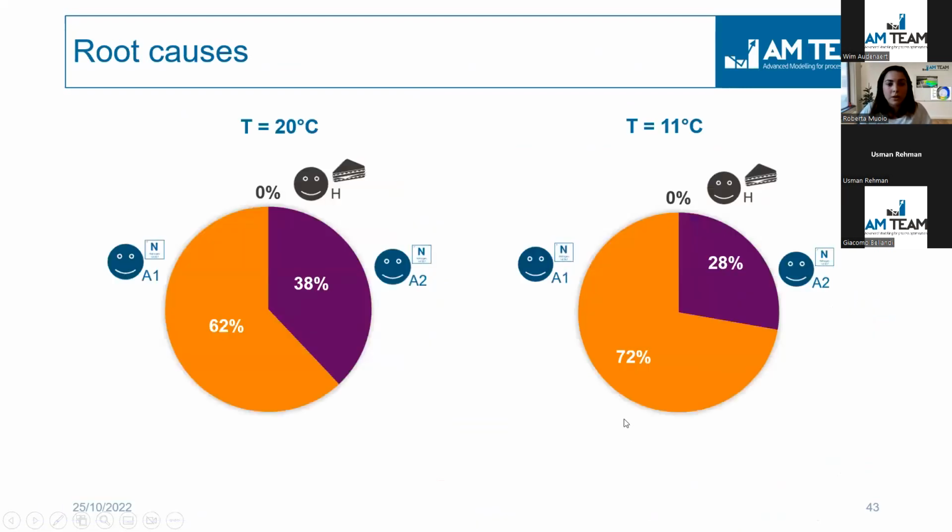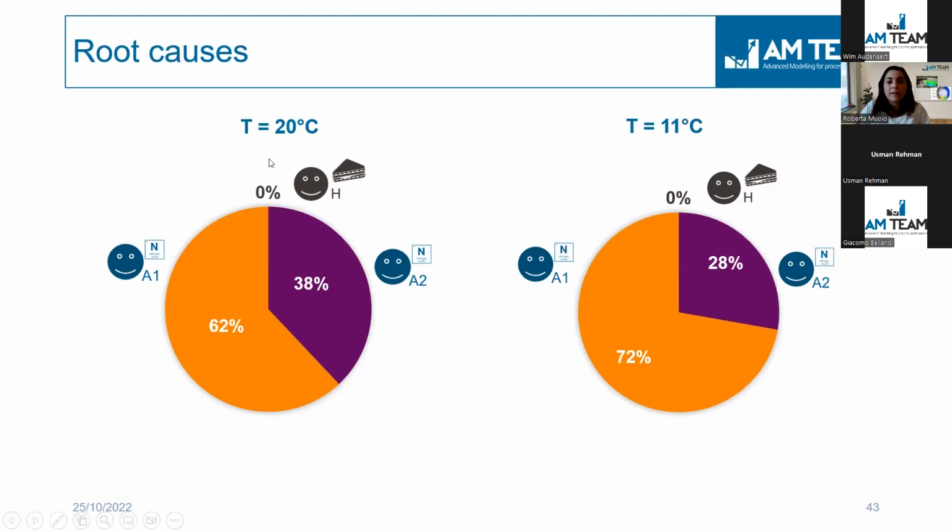So basically here, if we go and quantify the root causes, we would see that in this case, 72% of the N2O emission at 11 degrees is produced by the A1 process, and the remaining by the A2 process. Similar for 20 degrees. What is very important to see here is that the heterotrophs, in this case, don't produce basically any N2O.